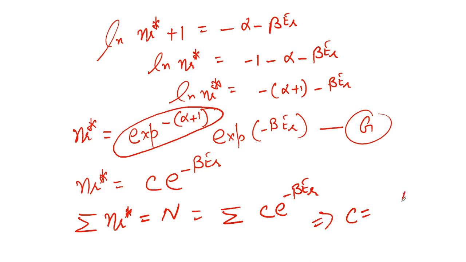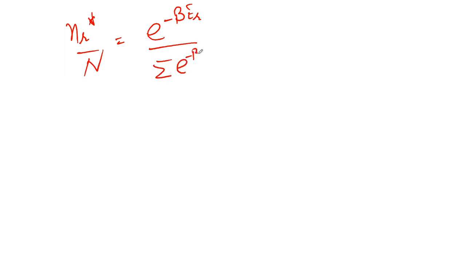That comes out to be N over summation of e raised to power minus beta into er. Putting the value of c, nr star over N comes out to be exponential of minus beta er over summation of exponential of minus beta er, and this denominator term is generally known as the partition function z.